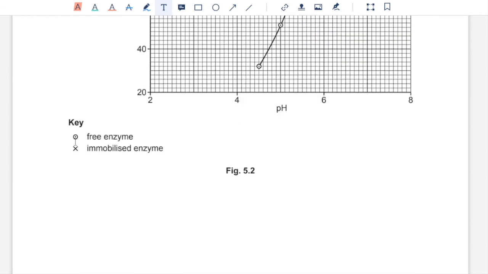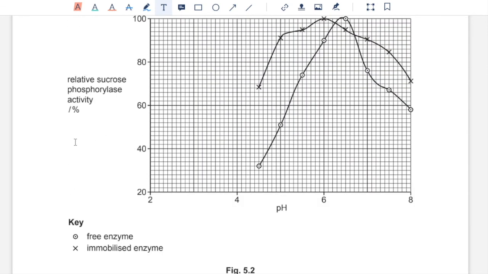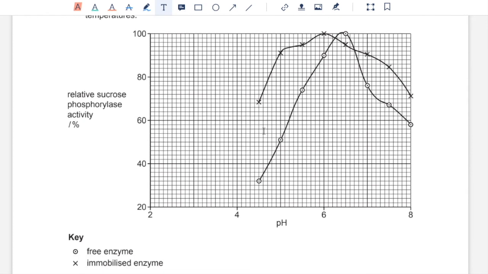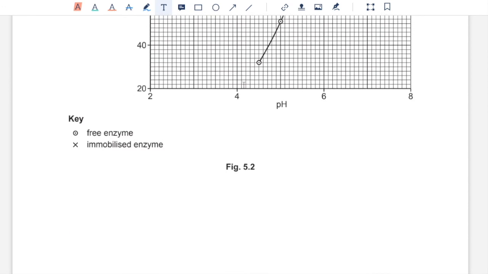Let's go back to figure 5.2. Here we can see that the cross represents immobilized enzyme. The percentage activity of immobilized enzyme is greater than the activity of free enzyme for the most part, so that makes it a better option.